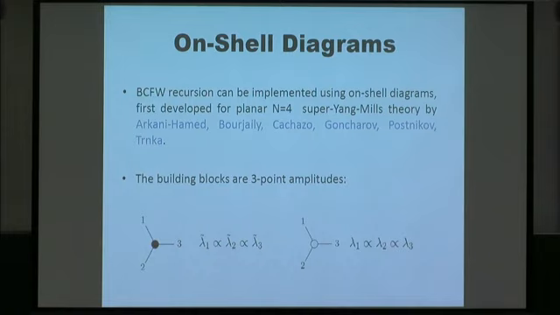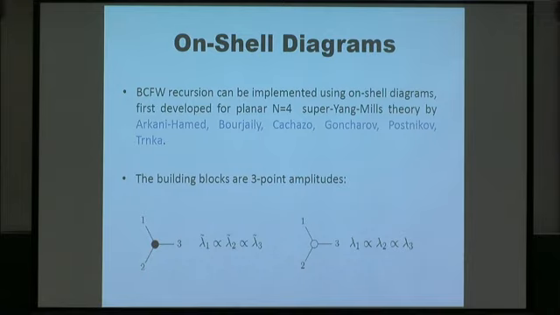Now, instead of talking about a scattering amplitude, deforming it, and then looking for the values of this deformation parameter at which the amplitude has poles and factorizes into lower point on-shell amplitudes, it's possible to implement BCFW recursion directly in terms of what are called on-shell diagrams, which were first developed for planar N equals 4 super Yang-Mills theory by this group of people.